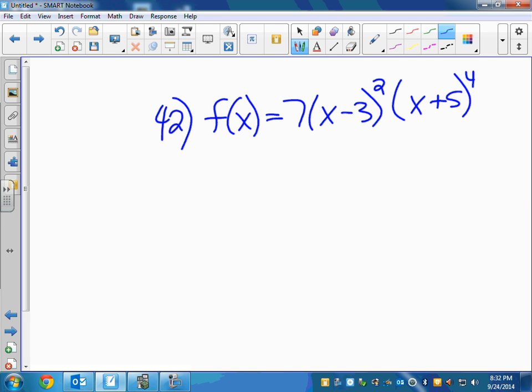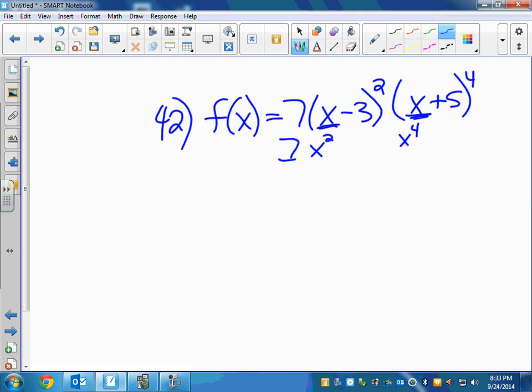So looking at this, if I work this out, that would be x squared. Looking at this, if I work this out, it would be x to the fourth. If I multiplied all of that plus the 7 in the front, because that would be multiplied through at some point, if that was a negative, it's really important that you pay attention to the leading sign.